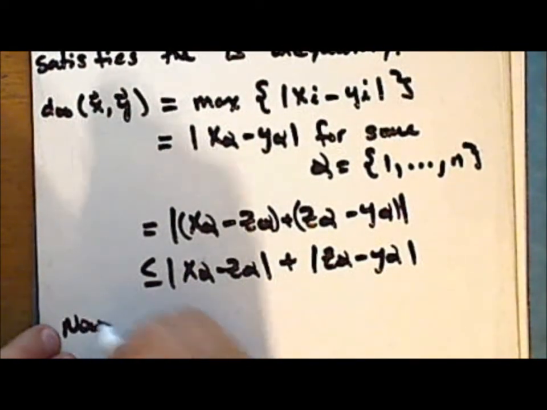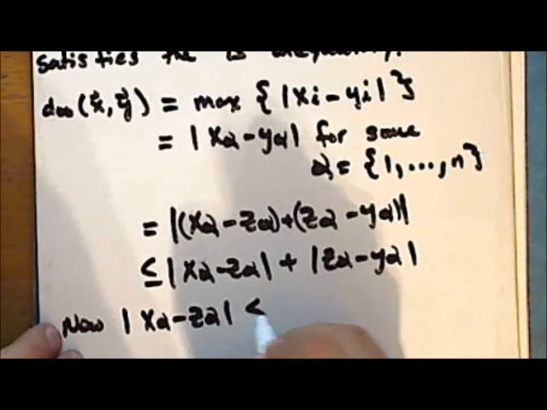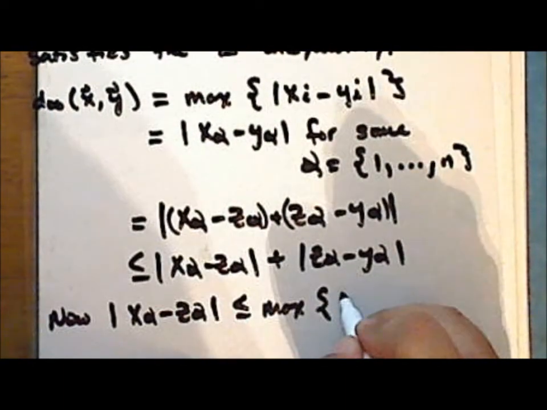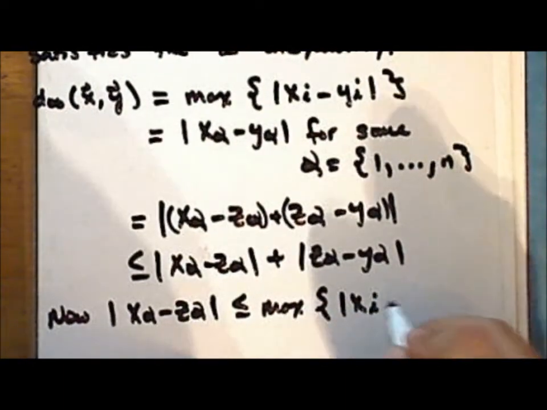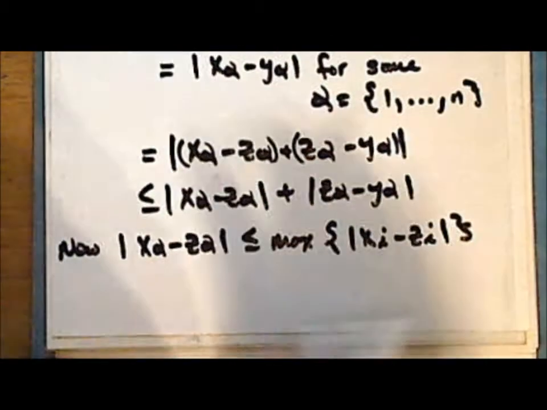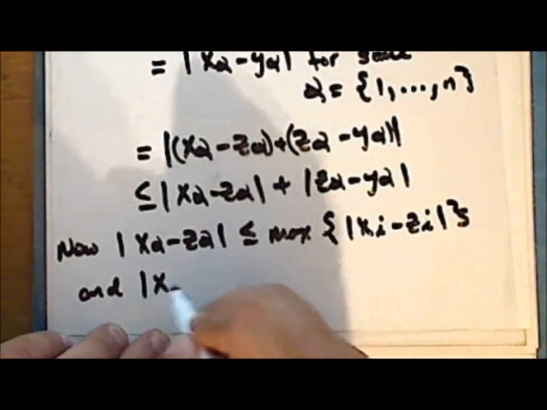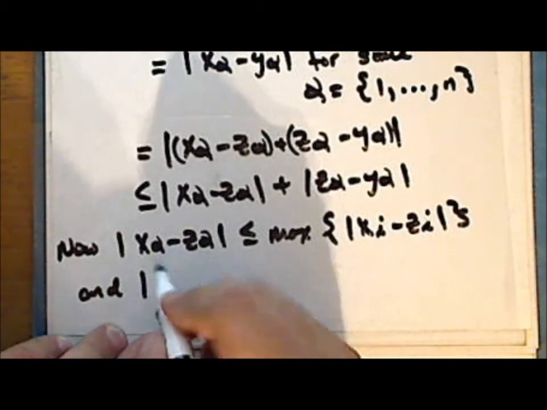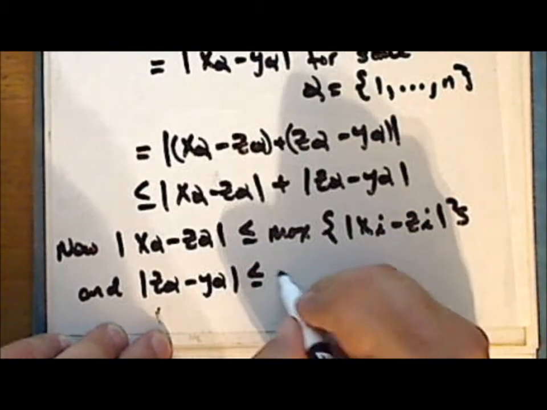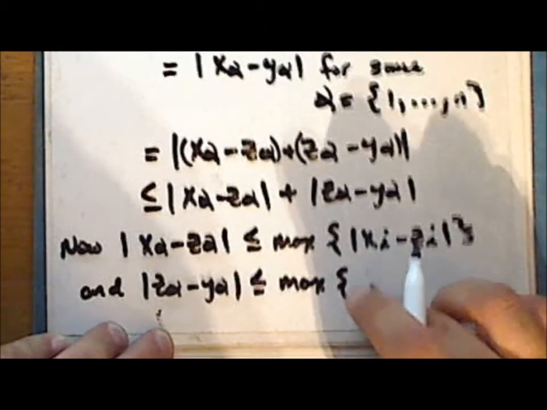Now, the absolute value of x sub alpha minus z sub alpha is less than or equal to the largest of the differences of those components, x sub i minus z sub i, and the absolute value of z sub alpha minus y sub alpha is less than or equal to the largest of those absolute values between the components z and y.